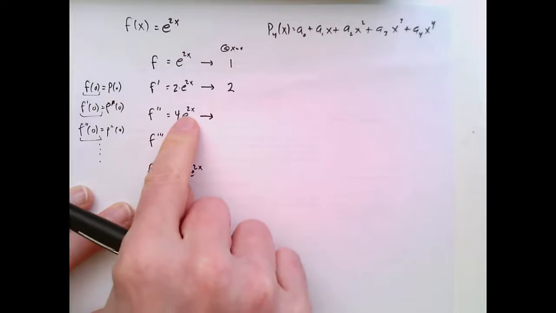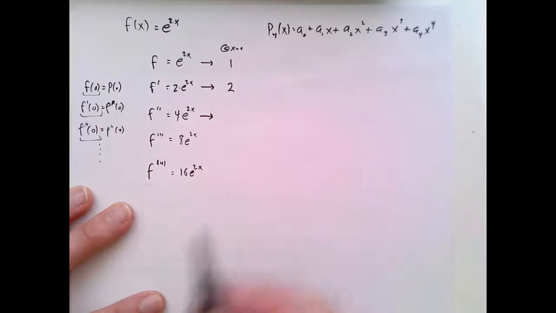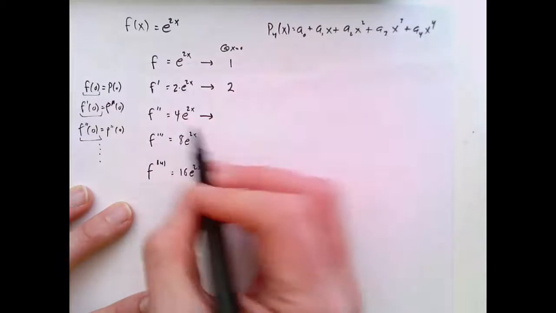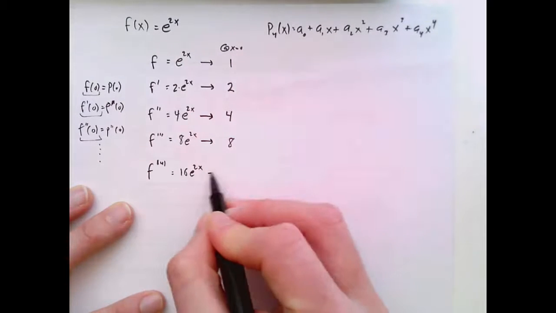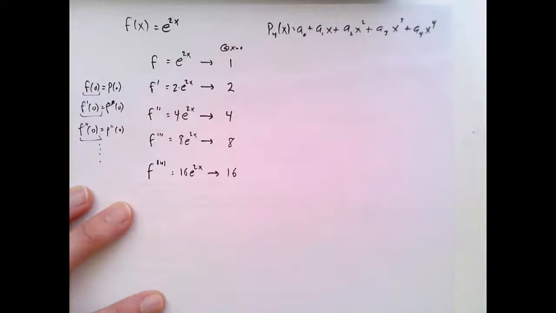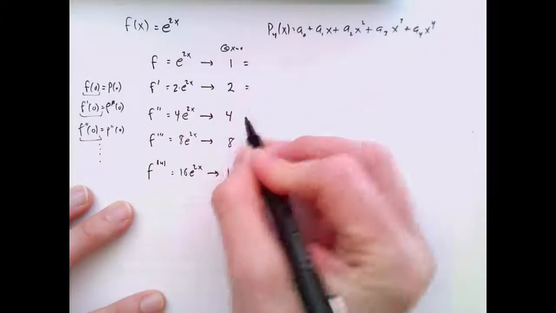It looks like this e to the 2x is always going to end up being equal to 1, because it's always going to be e to the 0. So really, it seems like I can just look at these coefficients: 2, 4, 8, 16.